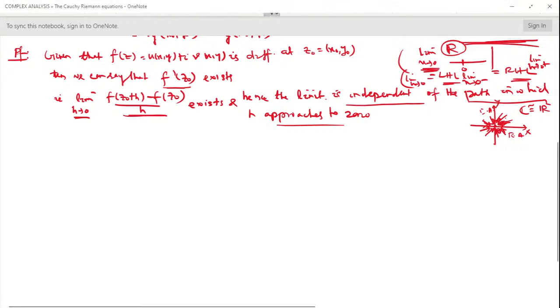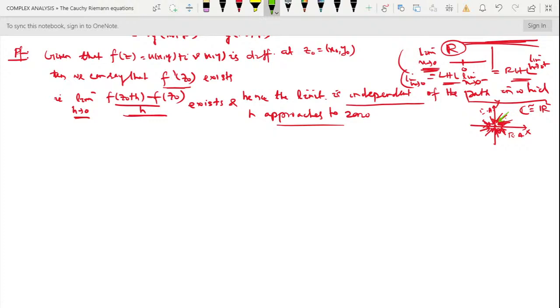Since the limit exists, there are several ways, and in which way you approach does not matter, but if you approach in any way to h goes to 0, this thing exists, which means it is a particular finite quantity.